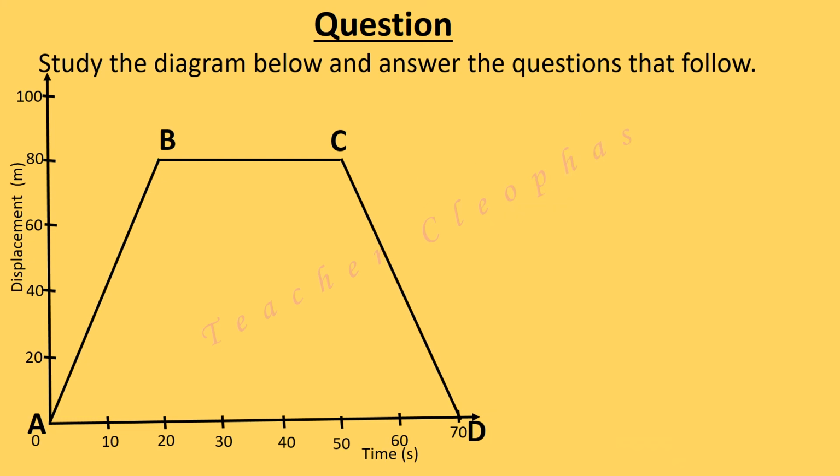The next question is question 4. Explain what is happening between point A and B. Let us identify point A. This is point A and this is point B. So we can see that between point A and B, displacement increases with time, but the increment is uniform since this is a straight line.